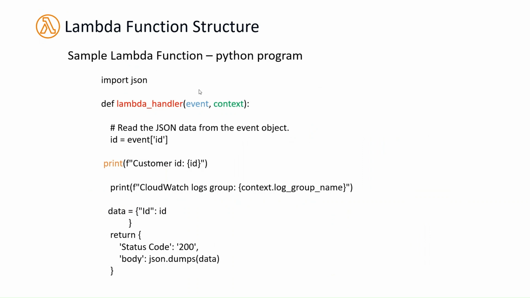Next, Lambda function structure. Let's learn the structure of a Lambda function. The sample Lambda function Python program shows the important methods and objects in different colors. Now, let's learn about them one by one.